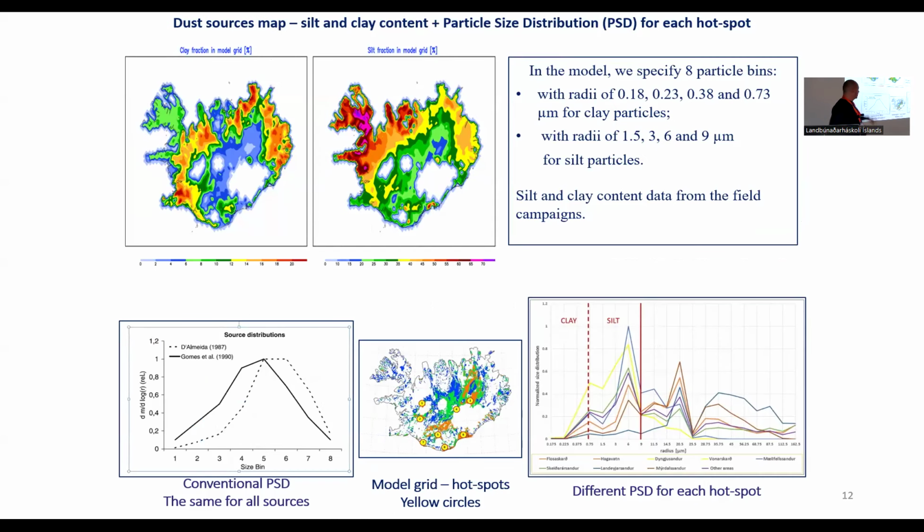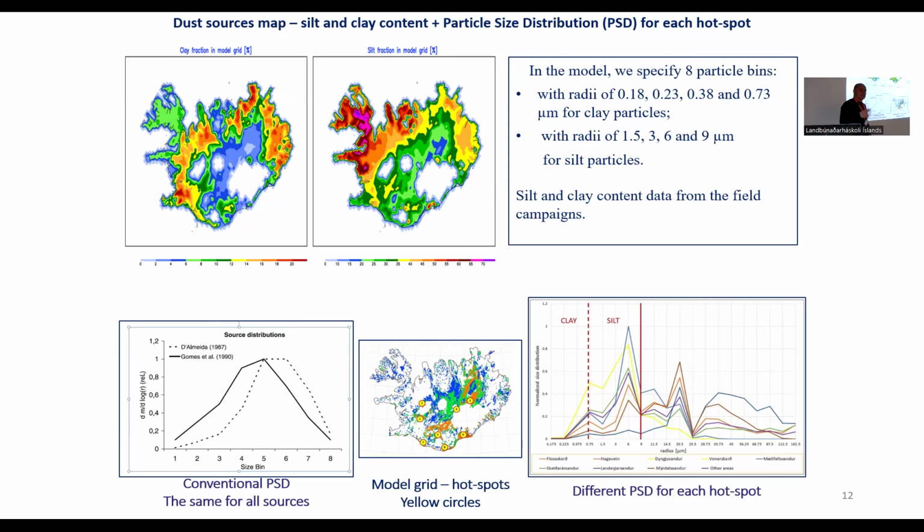Another thing was that, based on the measurements from the campaigns, we implemented all the information on silt and clay content in the model. The third story is that conventional PSD, particle size distribution, uses the same particle size distribution in each grid point.